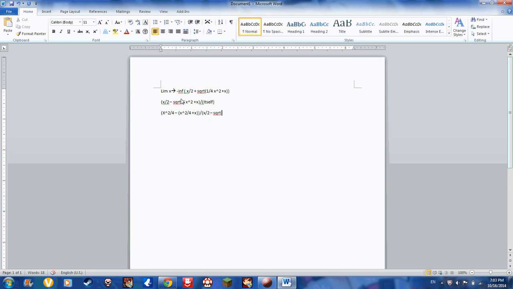Oh, it worked! Magic keyboard is awesome. Now then, what you're supposed to get here is x over 2 minus the square root of 1/4 x squared plus x.